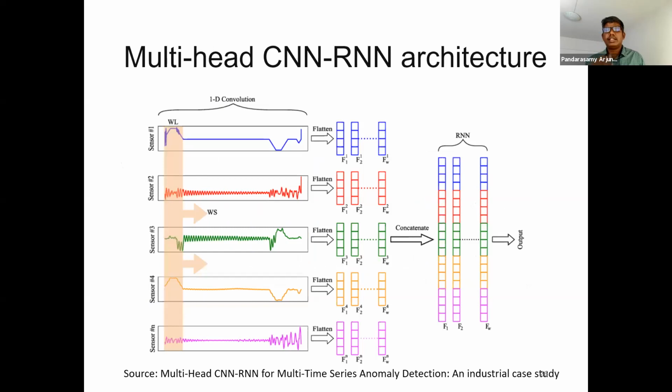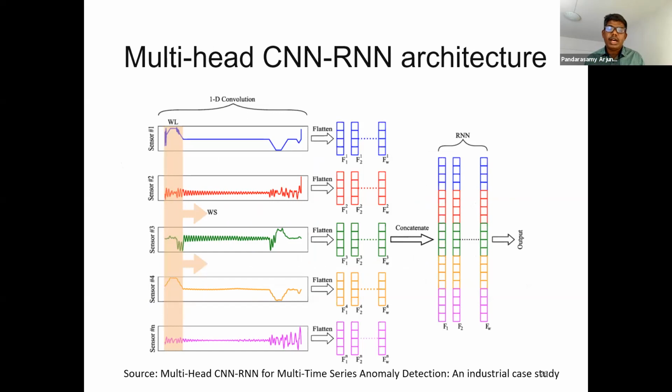Okay, so next there are some more advanced deep learning architectures. One example is called a multi-channel CNN-RNN architecture. This is a combination of a convolutional neural network and a recurrent neural network, and it is an example for a multivariate time series. On the left side you can see a sample time series from 5 sensors: sensor 1, 2, 3, 4, actually 5.